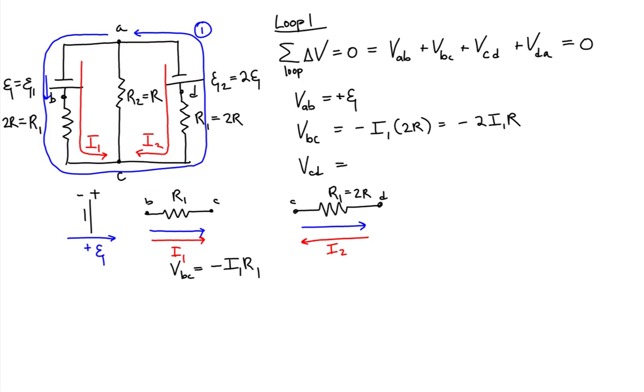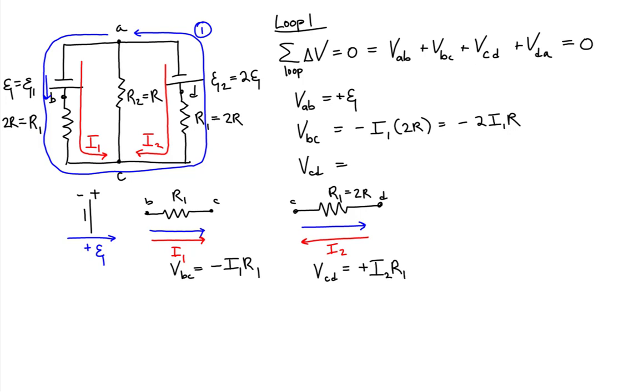What that means is that the resistor will have a potential gain in resistance. And so the potential from C to D won't be a potential drop. It'll be a potential rise through that resistor. So that means that it is the product of current 2, R1, and notice that positive sign there.